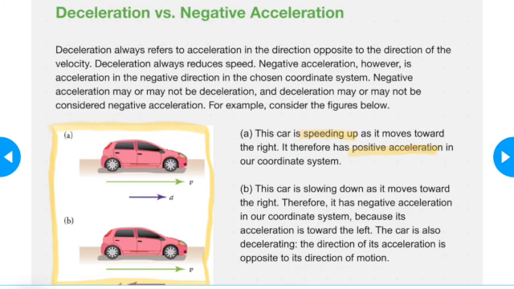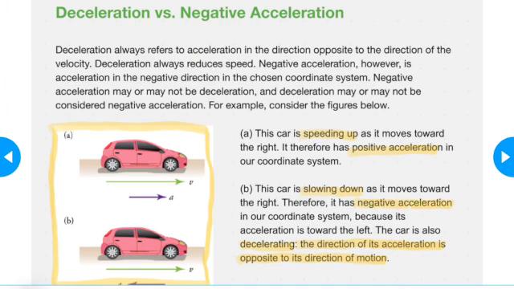Our bottom one here, B, the car is slowing down. And the reason it's slowing down is similar to the plane we just saw on the last slide. This one's velocity is moving to the right, but the acceleration is moving to the left. When those two have opposite directions, then we have deceleration. So the direction of its acceleration is opposite of its direction of motion. Deceleration, this has negative acceleration.